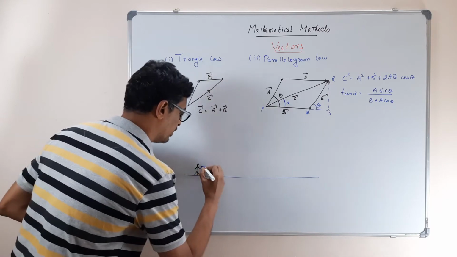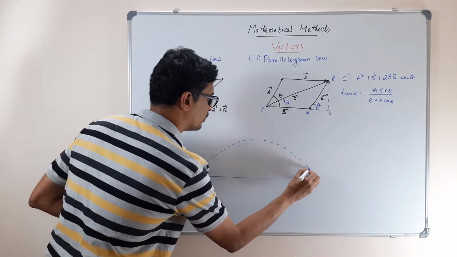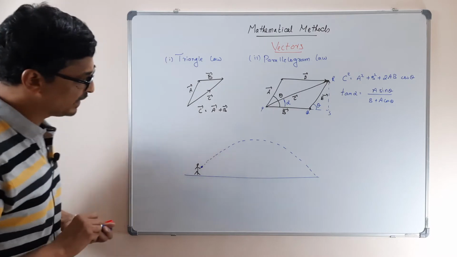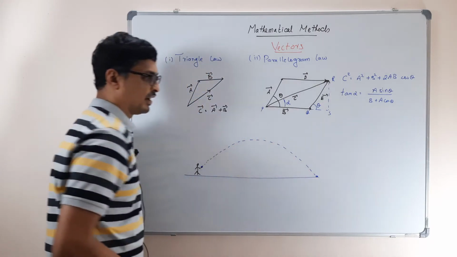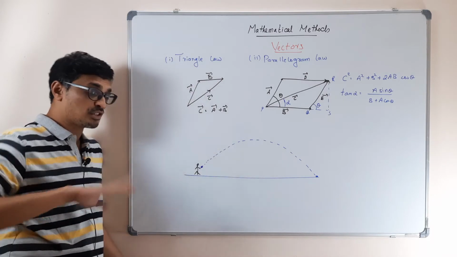The stone will move like this and fall down. Correct? Now if you see this problem, the stone is going to move from here and fall down. Now I'm asking you, what is the maximum height the stone has reached?